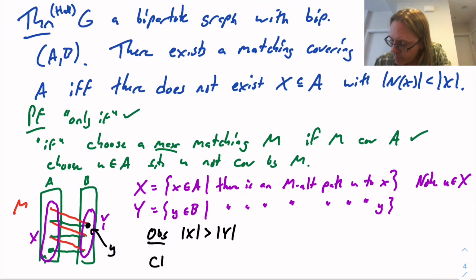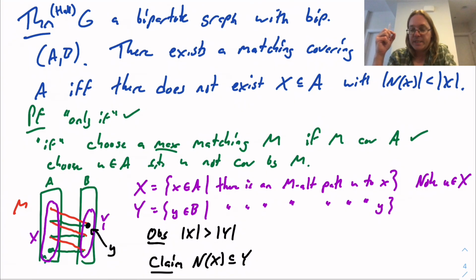Now what I claim is that the neighbor set of X is a subset of Y. So what I'm claiming is that for every vertex in X, all of the neighbors of X are just a subset of Y. If we can prove that, then we're going to be done, because that means the cardinality, the size of the neighbor set of X, has got to be less than or equal to the size of Y, and that's strictly less than the size of X. So if you combine this observation and claim, that would imply that this set X has that obvious flaw: the total set of neighbors of X has size less than the size of X. And that's this situation where you have 3 jobs, but there are only 2 people in the whole company that know how to do any of those 3.